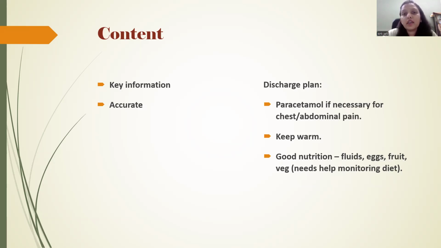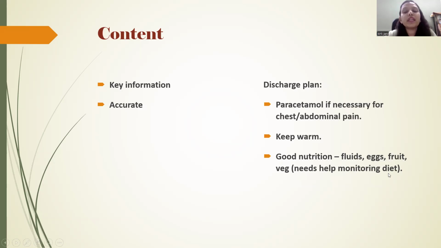All right. And sometimes it also happens that when you convert the information from the case notes, which are in note form, into full sentences, you just change the meaning. That should not happen, right? Suppose the third point says: good nutrition, fluids, eggs, fruits, vegetables, needs health monitoring diet.